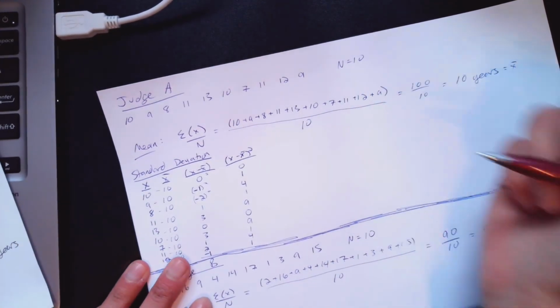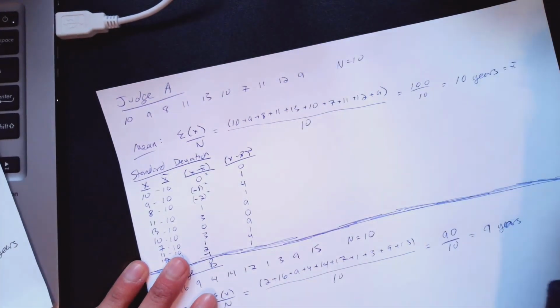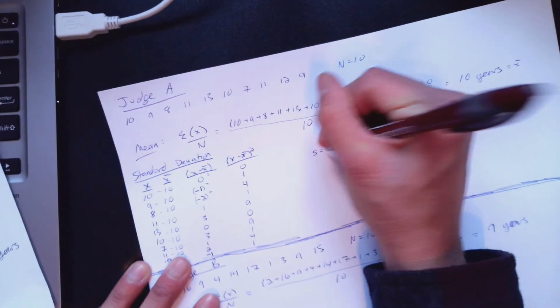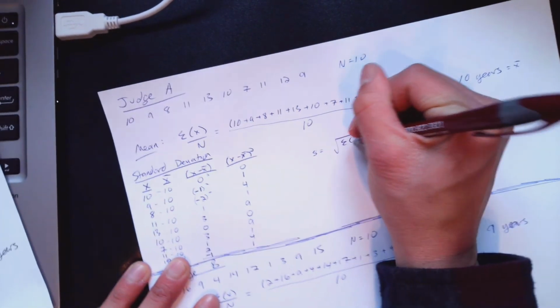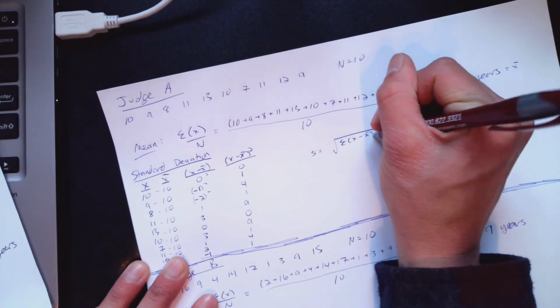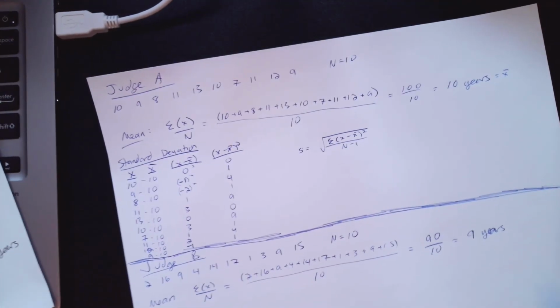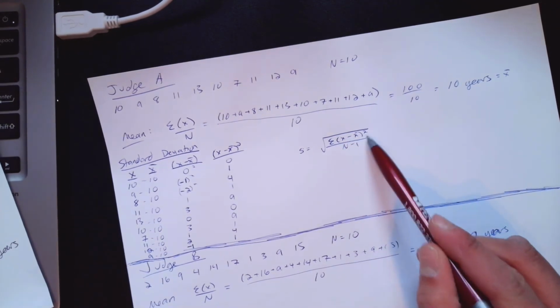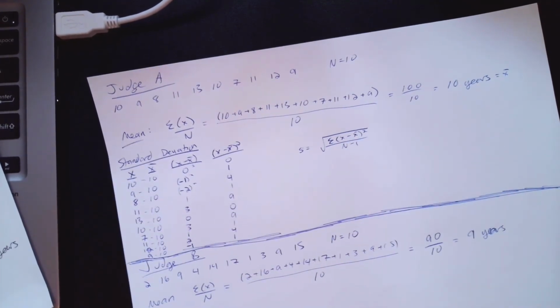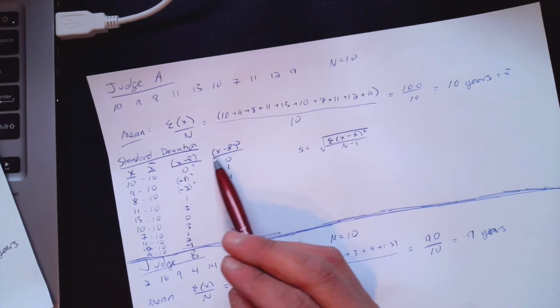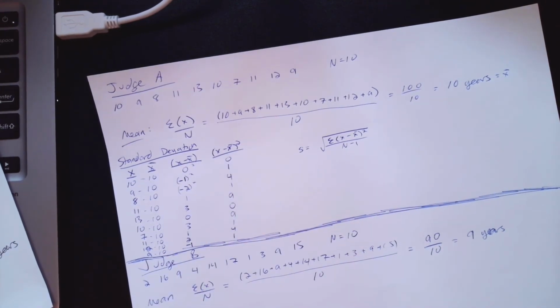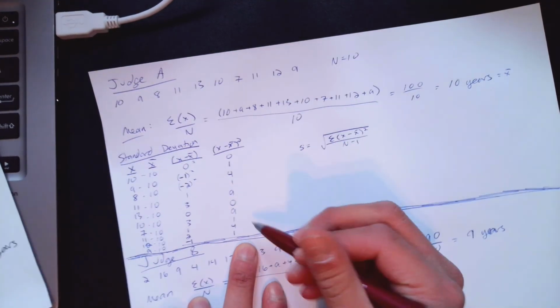In looking for the standard deviation, we're going to be using the following formula. Our standard deviation formula, which is the sum of your squared deviations over n minus 1. What we have now is a squared deviation for each of our observations. The next thing we want to do is add all of these together.